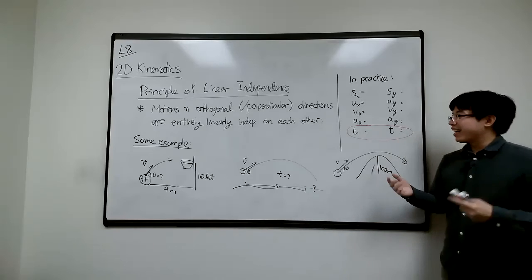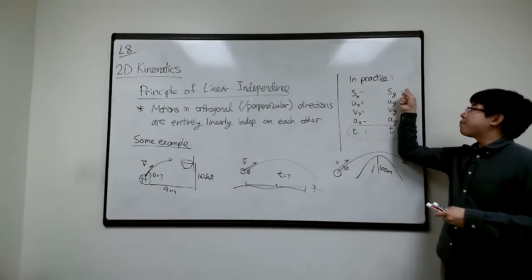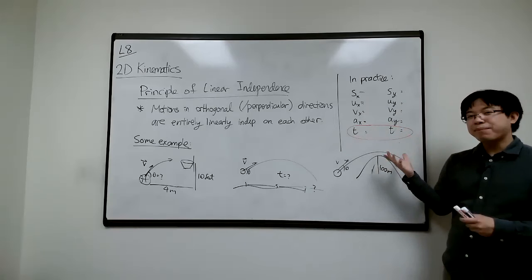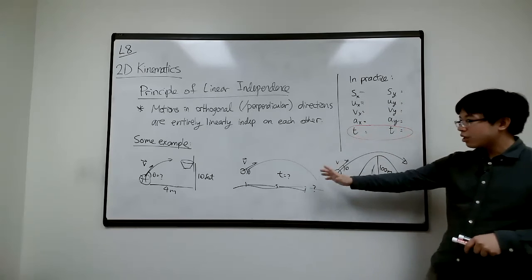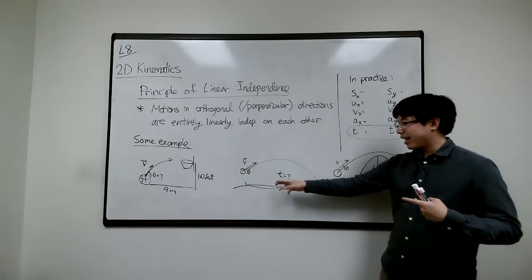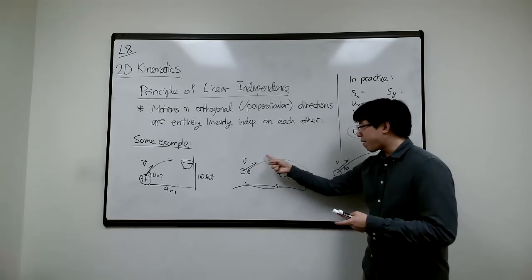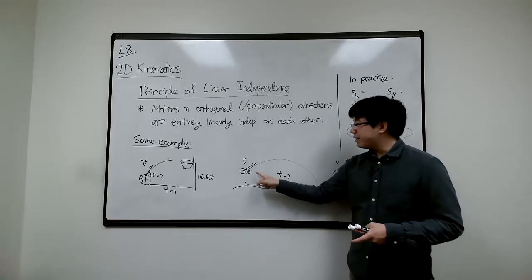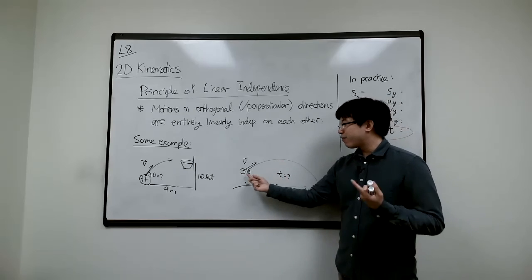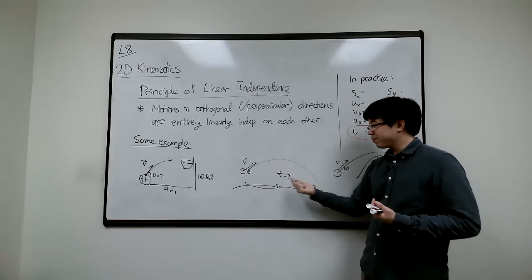There's no direction. So whatever happens to X at a certain amount of time happens to Y in the same amount of time. So this has to be the same. We'll see examples to make that concrete. Roughly, just to get you thinking about it, the time it takes for the ball to go up and down in this path, from its highest point to its lowest point, is the same amount of time it takes to go from the initial X to the final X location.